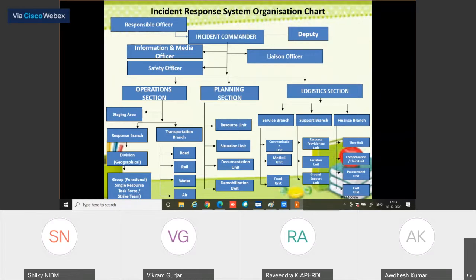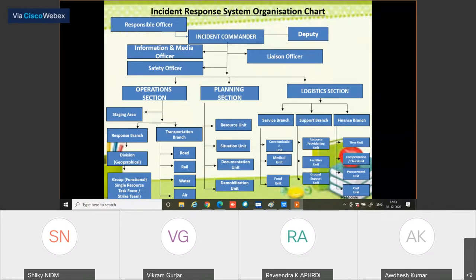Some are deployed on ground, some are involved in policy making, some in research, some in maintaining law and order. So overall, it has to be a team effort.